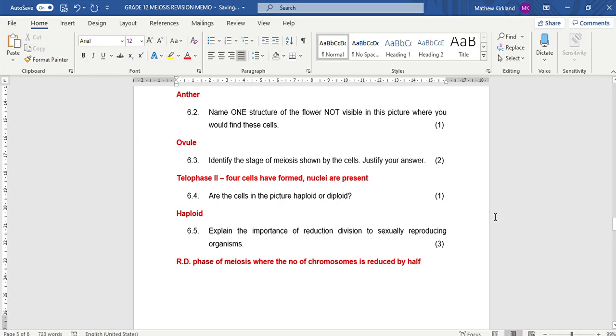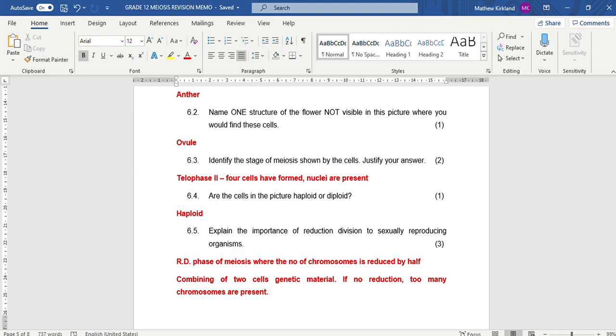Why is that important? Because sexual reproduction is the combining of 2 cells' genetic material. If no reduction, too many chromosomes are present. Remember, why is meiosis important? To prevent the double chromosome number.